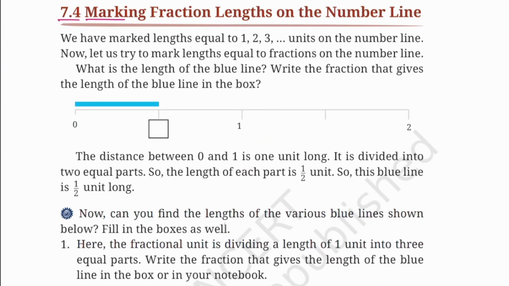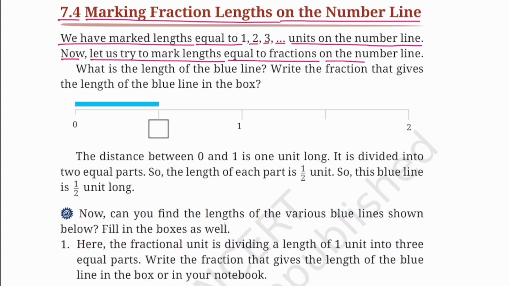7.4 Marking fractional lengths on the number line. We have marked lengths equal to 1, 2, 3 units on the number line. Now let us try to mark lengths equal to fractions on the number line. What is the length of the blue line?